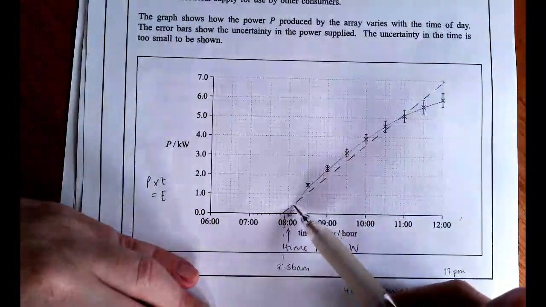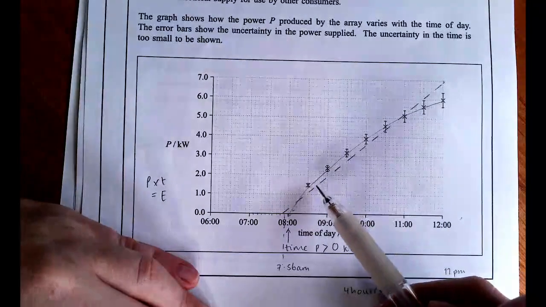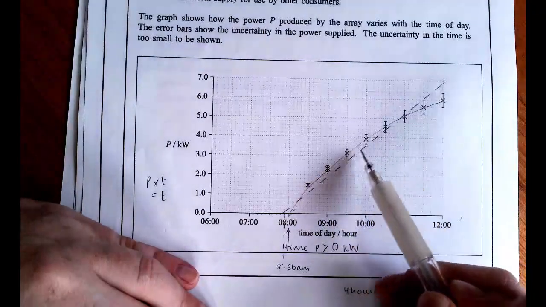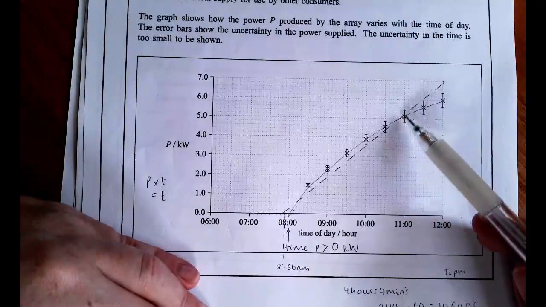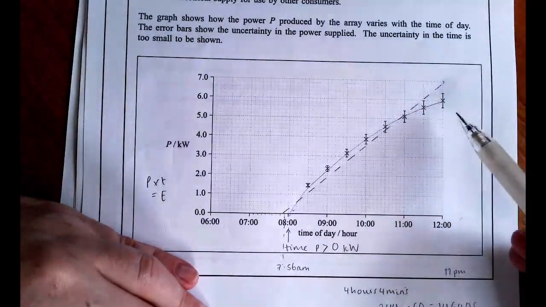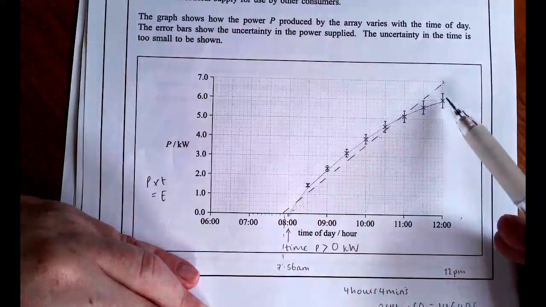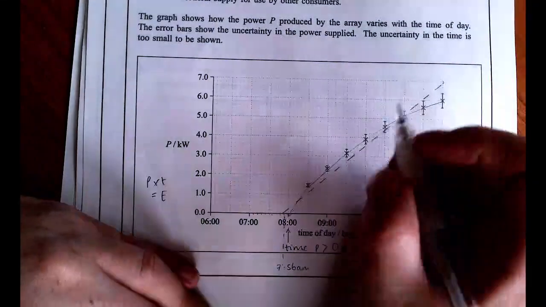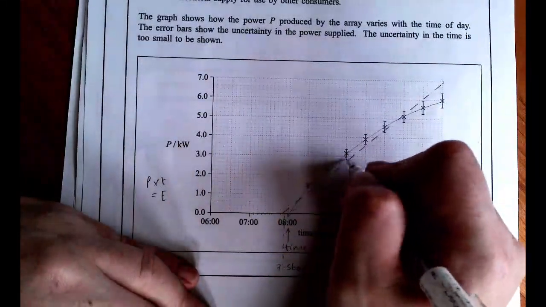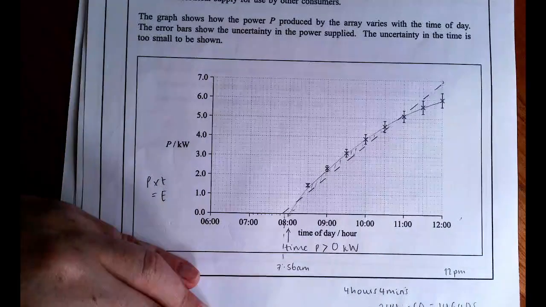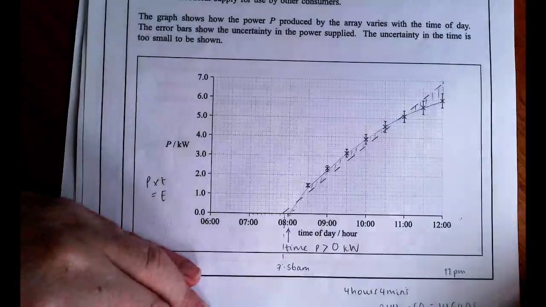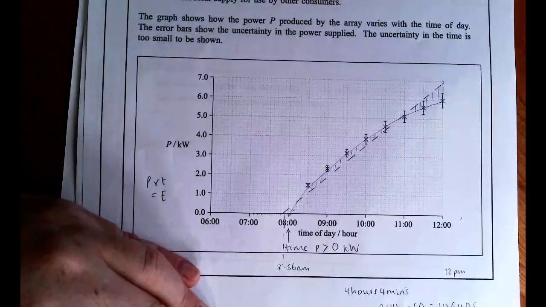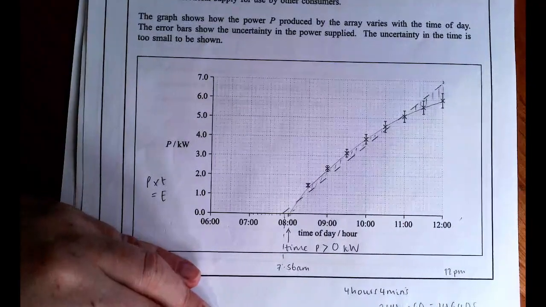Now, for the first section, I'm basically underestimating how much I've got. But in this section here, I'm overestimating how much I've got. And these cancel each other out. The area of this section is approximately equal to the area of the section above the graph, so the area will be approximately right.